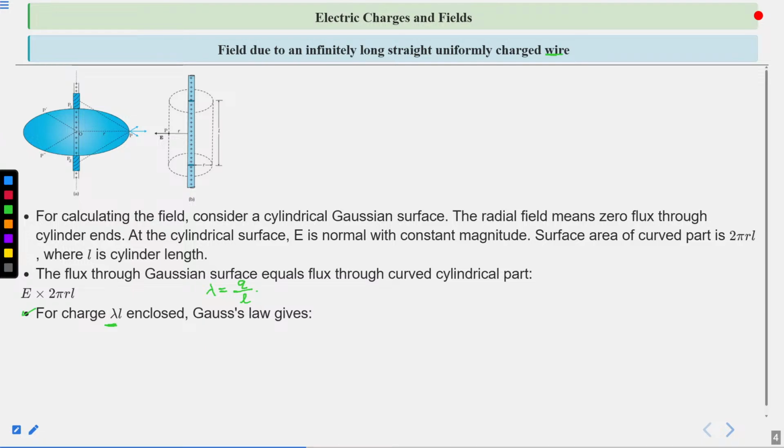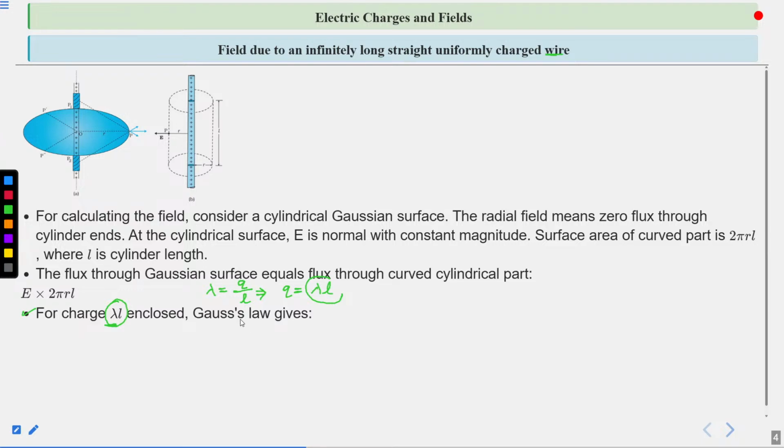So the charge equals lambda into L. Lambda L is the charge enclosed by this Gaussian surface. Clear?